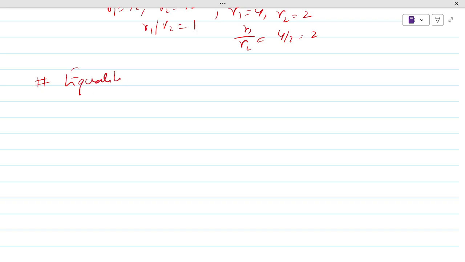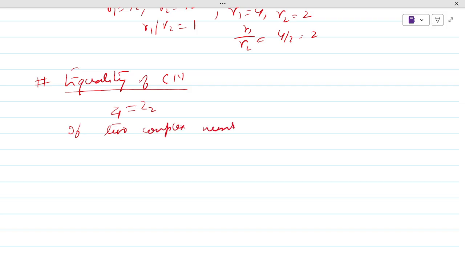So equality of complex numbers, say z1 is equal to z2: two complex numbers are equal, their real and imaginary parts are equal.